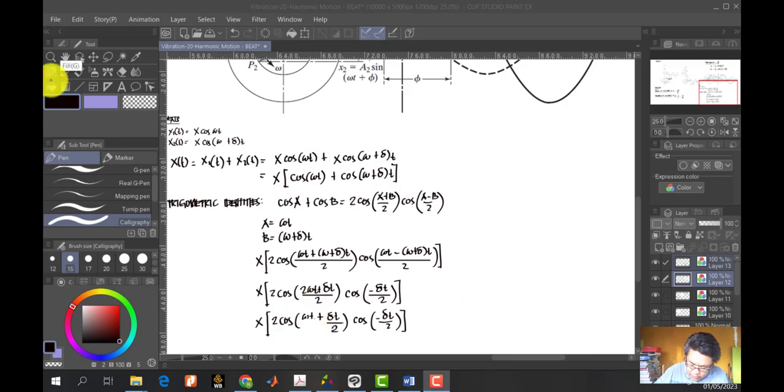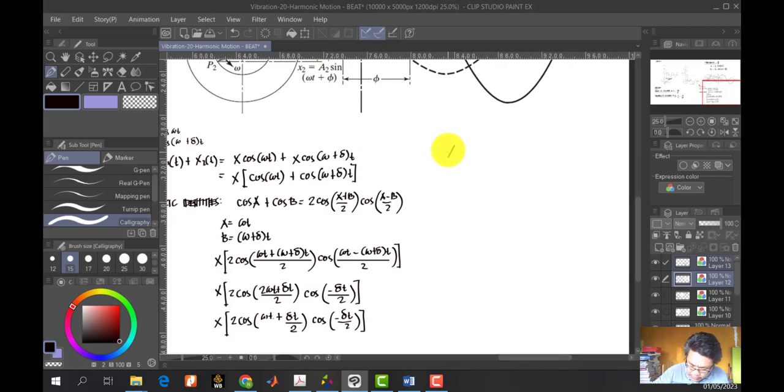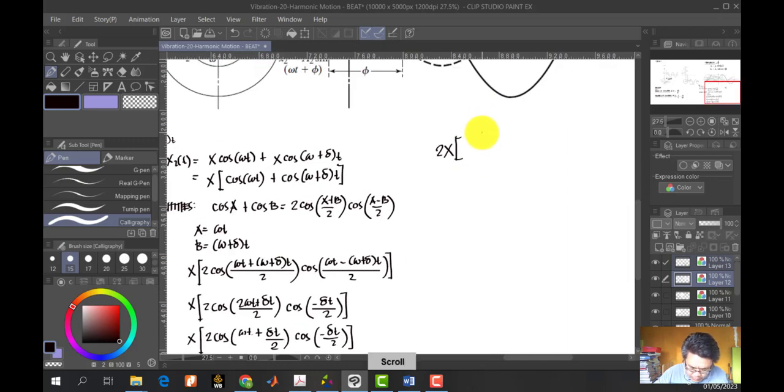So again, I can rewrite this equation as 2x times cosine of angular velocity times time plus lambda times time divided by 2, and cosine of lambda times time divided by 2.